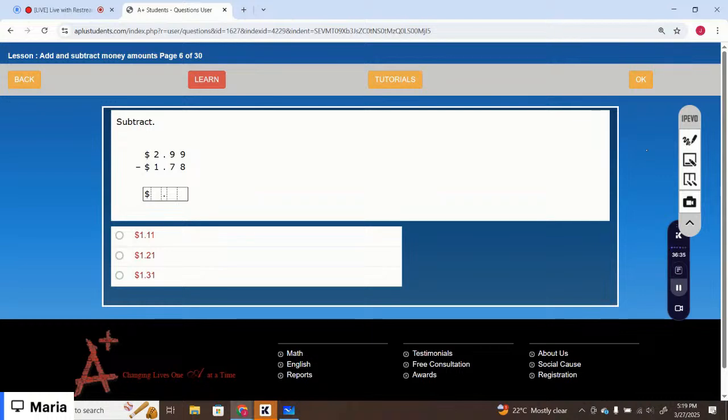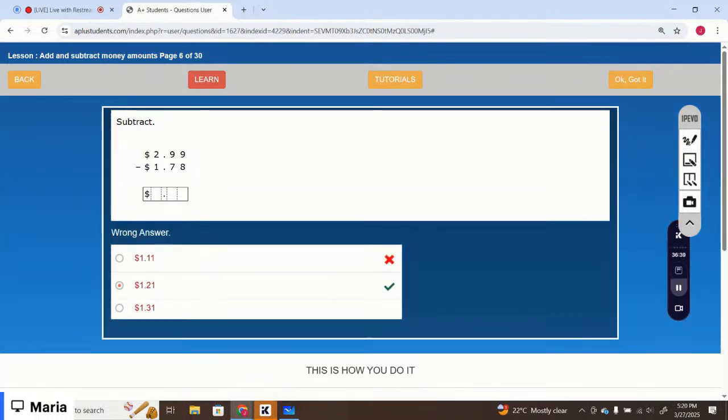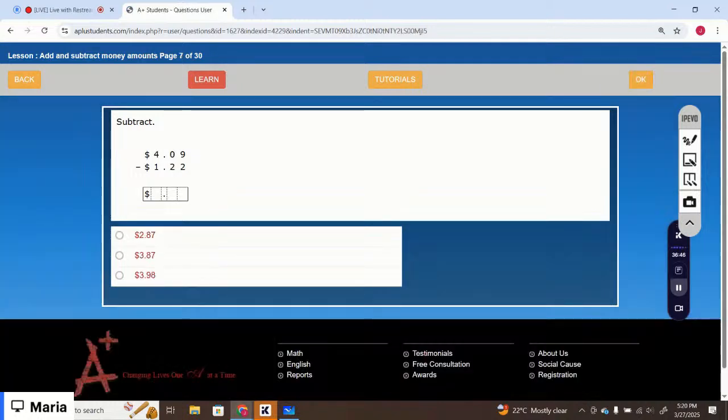Option number one is the correct option. Oh, that is 1.21, not 1.11.